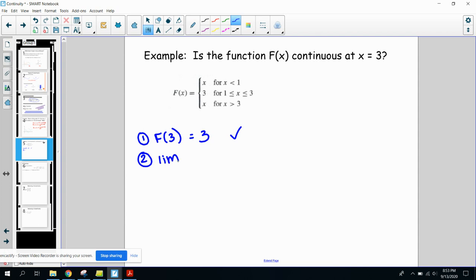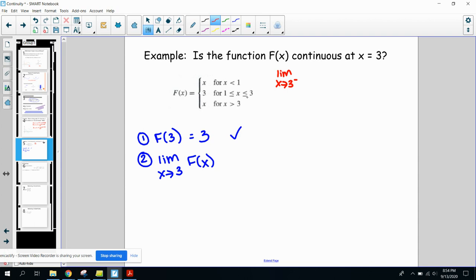The second thing I'm going to do is check the limit. So the limit as x approaches 3 of f of x. We want to see if the limit exists. In order to do that, we have to check the limit from both sides. So I'm going to check the limit as x approaches 3 from the left. As I'm coming from the left-hand side, based off of these 3 functions, I'm going to use the one in the middle, because the one in the middle is saying x is greater than or equal to 1 and less than or equal to 3.